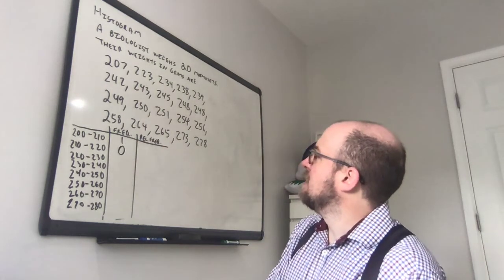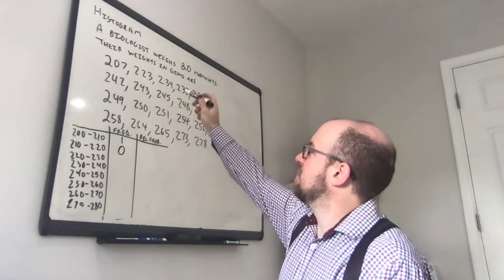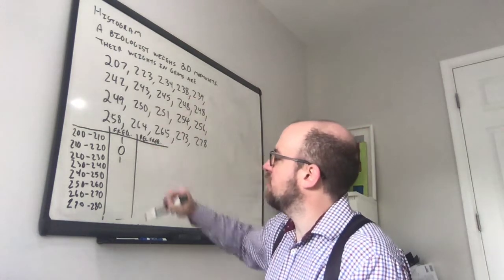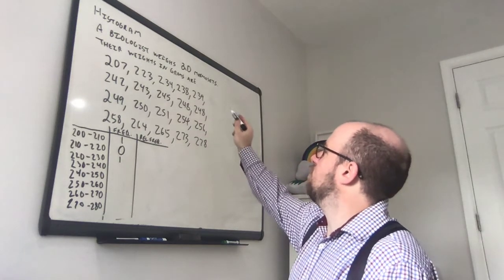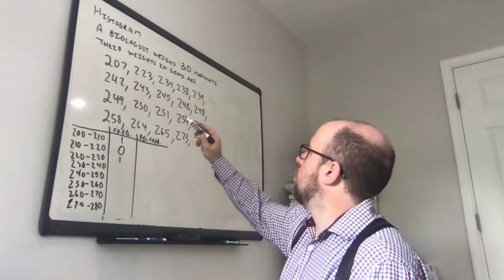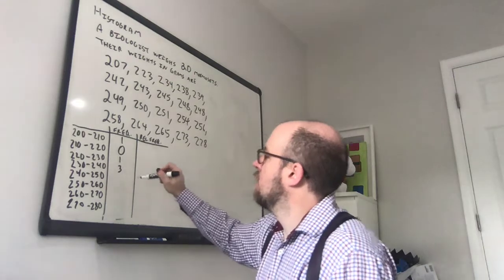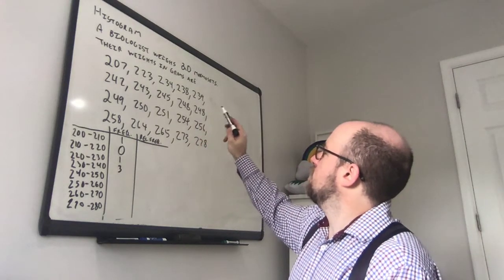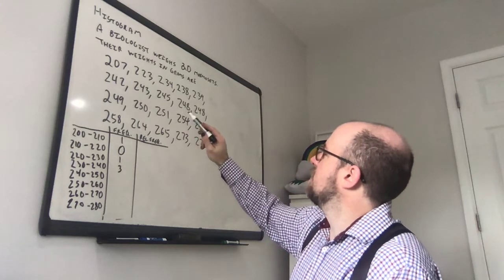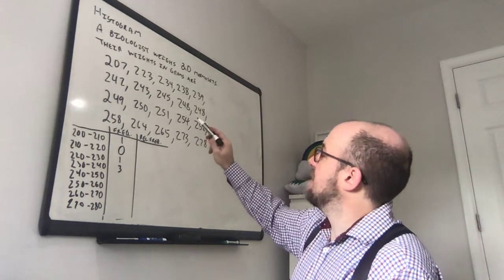That's pretty easy. 220 to 230, there's 1. 223. 230 to 240, there are 1, 2, 3. 240 to 250, we have 1, 2, 3, 4, 5, 6.